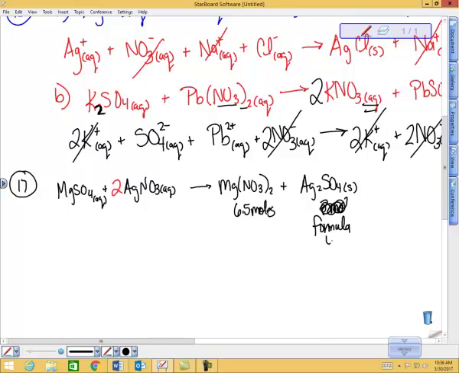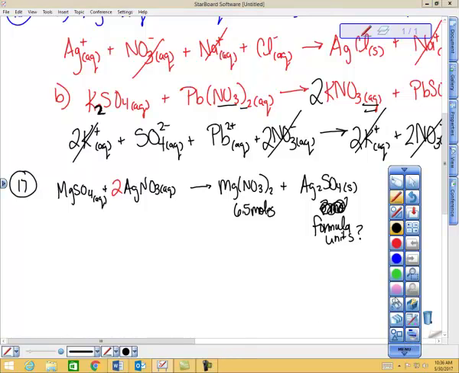Formula units, question mark. Wait, no, it is moles. Dang it. Sorry. Erase. I kind of like to write over the top of a balanced reaction what I've got and what they're asking me for. So sorry, this one is, again, moles.